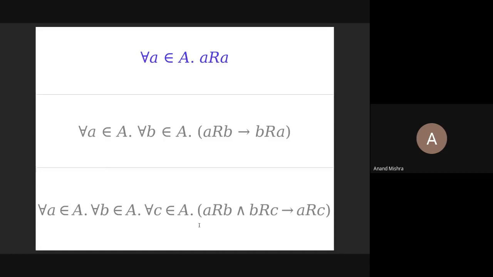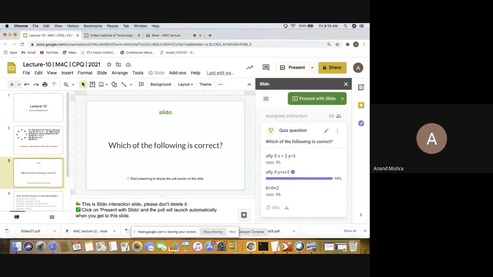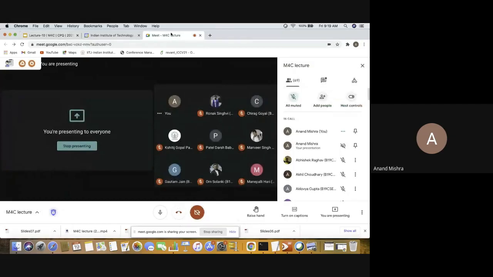I think instead of teaching this on slide, I will quickly go to my Jamboard and try to explain this. Let me share my screen. Just a minute.